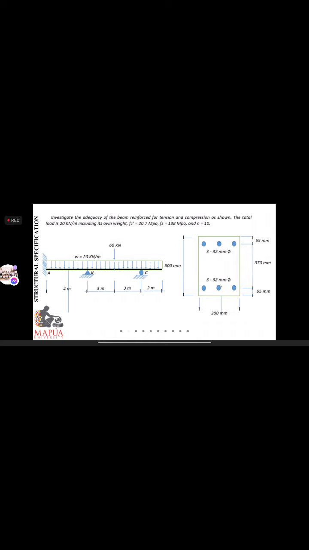We are asked to investigate the adequacy. So first, in order to compute the safe uniform load here, we are going to compute the location of the neutral axis. We do not know exactly whether the neutral axis will fall along this web or along this flange. But you can check that, just like what we did in T-beams.